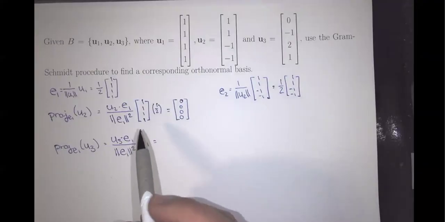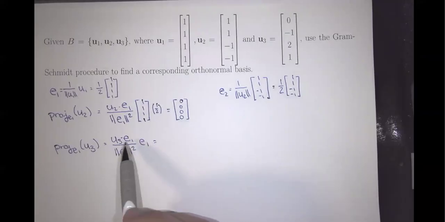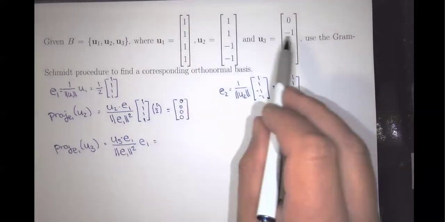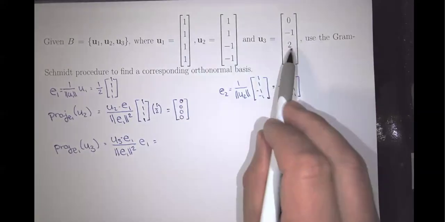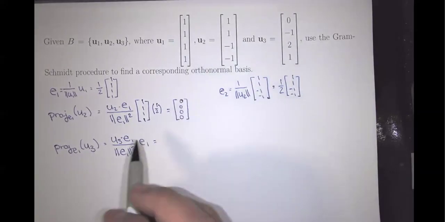We've got U3 dot E1 is going to be 0 plus negative 1 plus 2 is positive 1 plus another 1 is positive 2.